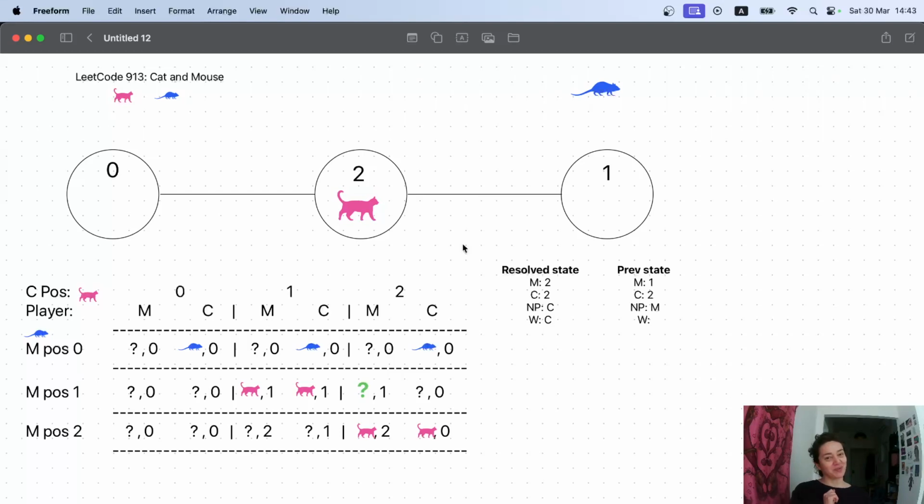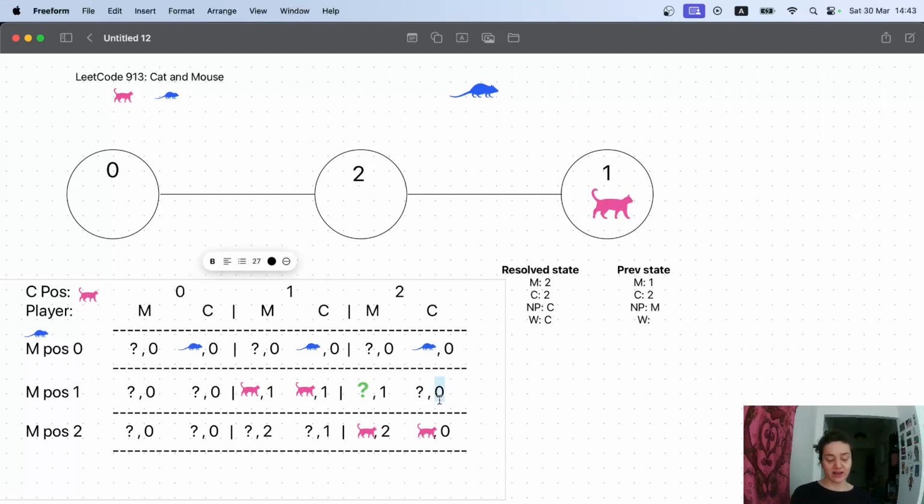Here it's different from the mouse, because while the mouse could go either here or here, the cat can only go here because he's not allowed at 0. So when the cat is at node 2, he only has 1 move option, less than the mouse.